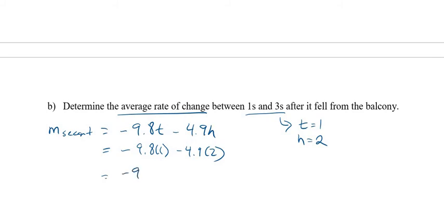That's going to be negative 9.8 minus 9.8, or negative 19.6 meters per second. So over those 2 seconds, between 1 and 3 seconds, the height of this flower pot is changing on average by negative 19.6 meters per second.